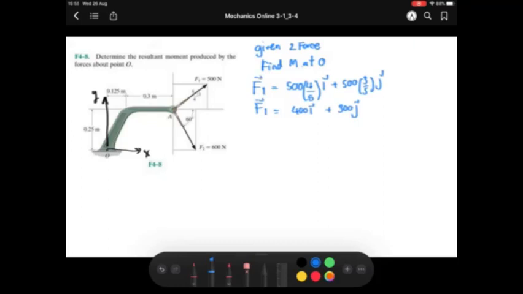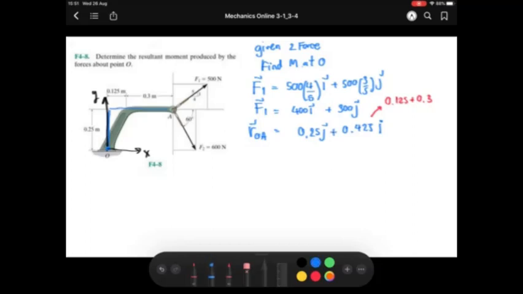The distance R here from O to A is 0.25 in positive j, and 0.425, which comes from 0.125 plus 0.3, in i.